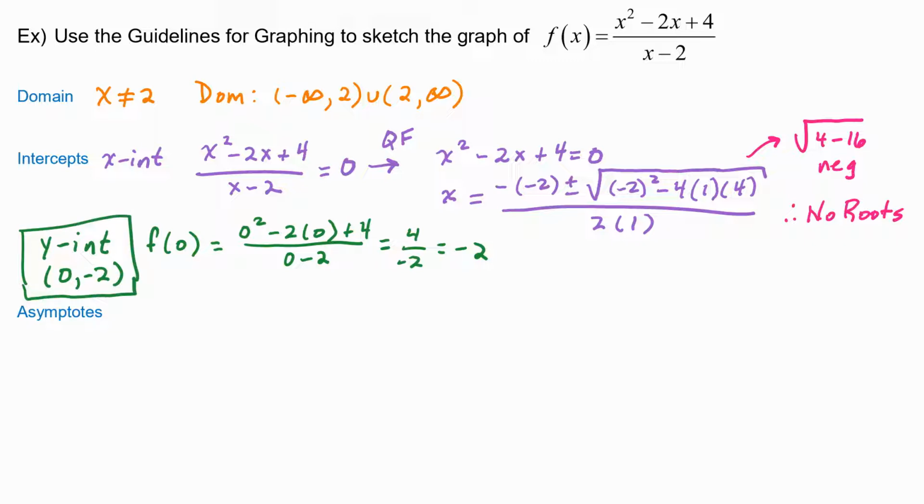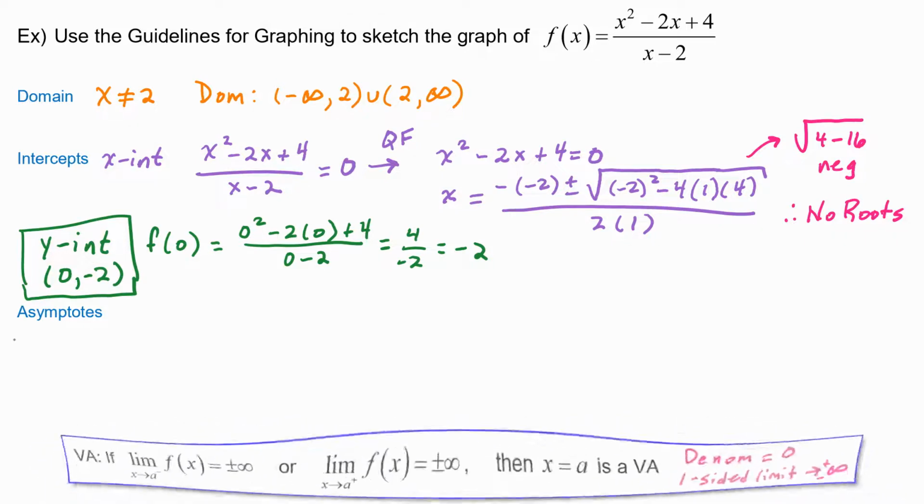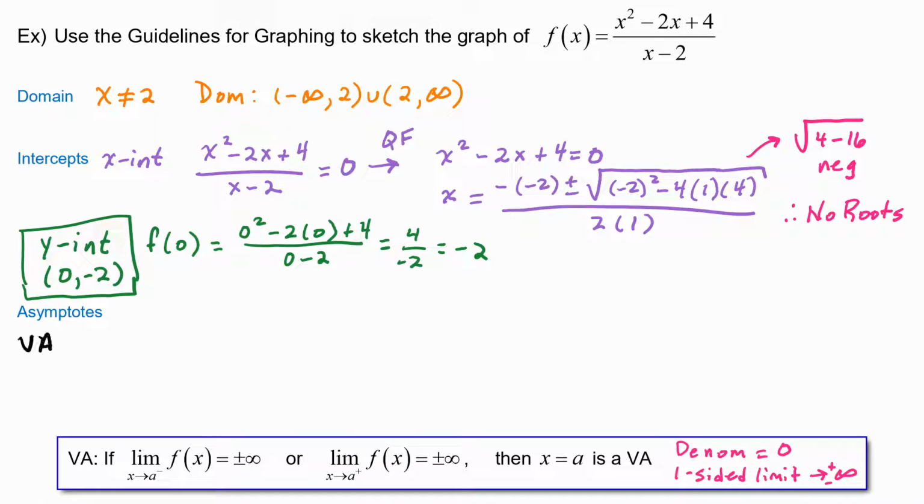Next up, we will need to look at the asymptotes. Vertical asymptotes occur when the denominator is 0 and we get infinity or negative infinity for the one-sided limits. So we are going to look at when x is equal to 2.